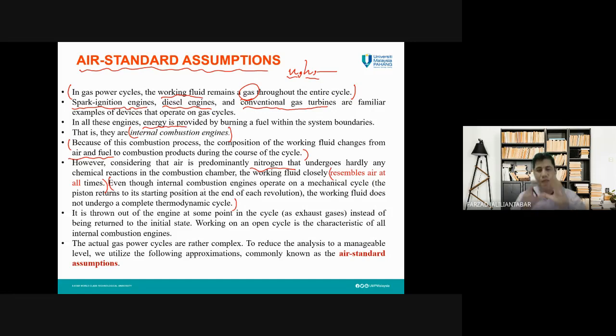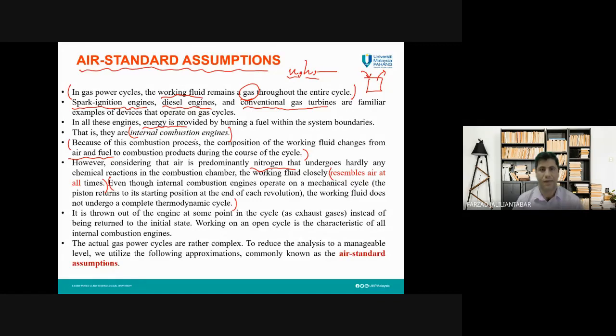In other words, we have a piston, cylinder, gas comes to the system with the fuel, the combustion reaction happens, then it goes out of the system. So the working fluid actually goes out of the system. This is another problem to solve for this kind of cycle, because the working fluid comes to the system and goes out of the system.